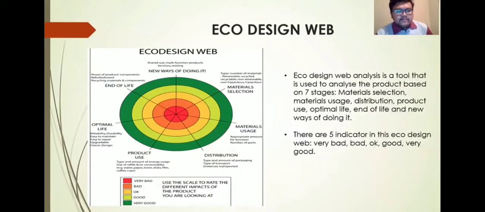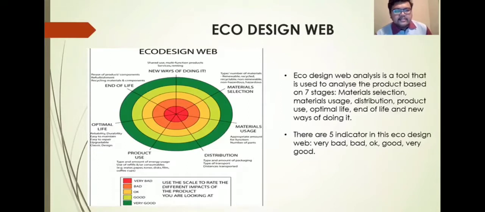And then optimal life, where we decide the reliability, whether the product is easy to maintain or easy to repair, whether it is upgradable, or whether the design is classic or modern.